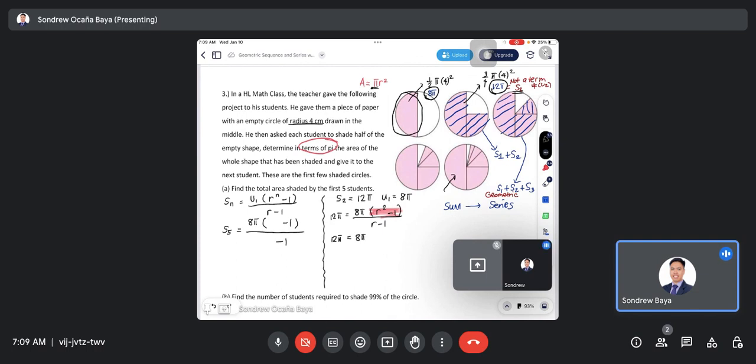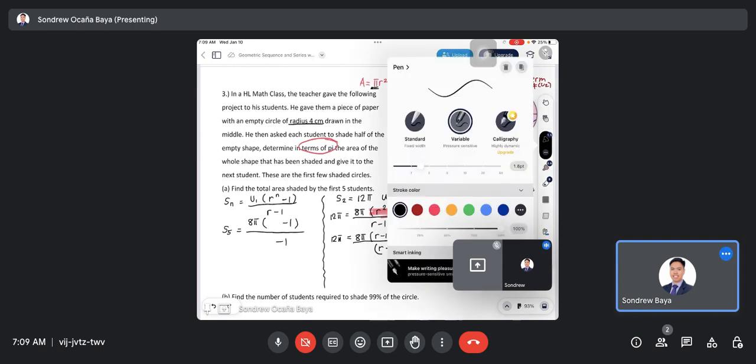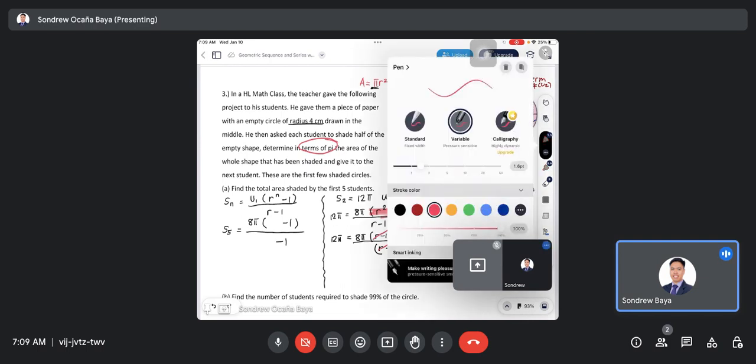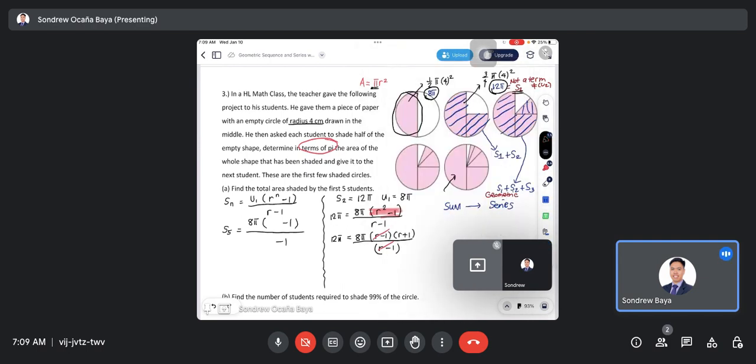This is a difference of two squares. So this is equal to r minus 1, r plus 1, over r minus 1, by which we could already cancel this out, leaving us with 12 pi equal to 8 pi times r plus 1.